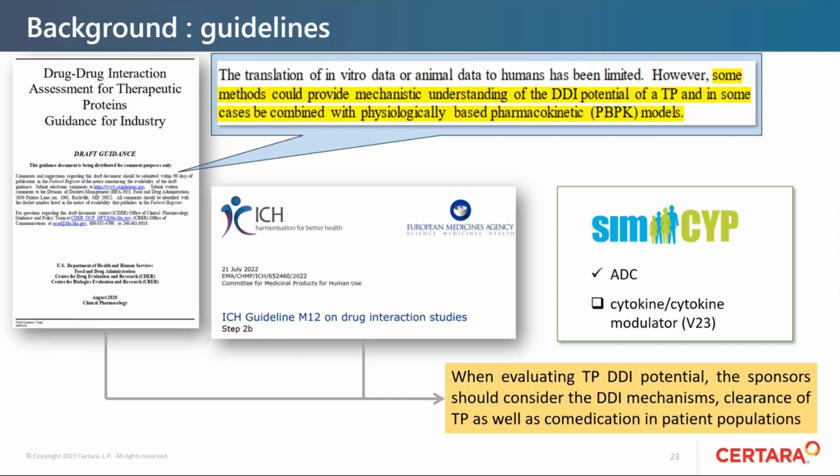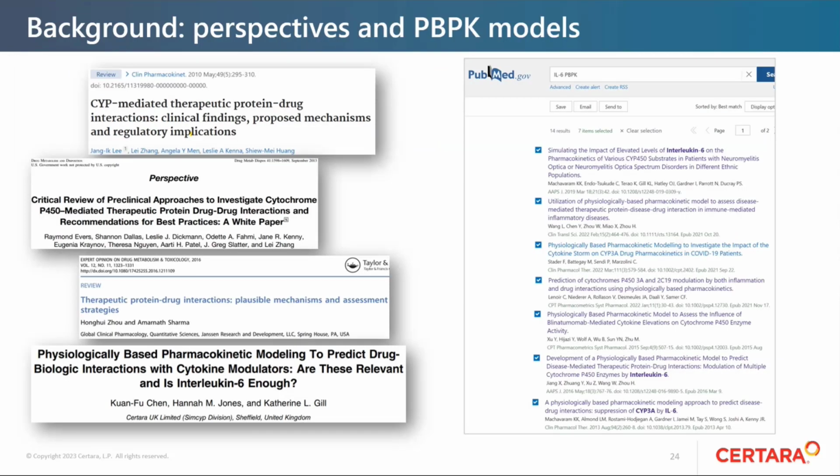One example of therapeutic protein DDI is ADC small molecule payload interacting with other small molecule drugs. This can already be done using the Simcyp simulator. Another example is DDI with cytokine or cytokine modulator, which will become available in Simcyp version 23. There are several reviews and perspectives published from regulatory authorities, pharmaceutical industry, and also outside from Simcyp on this topic.